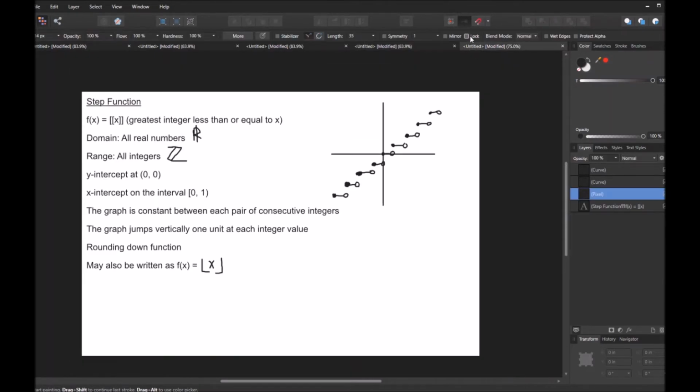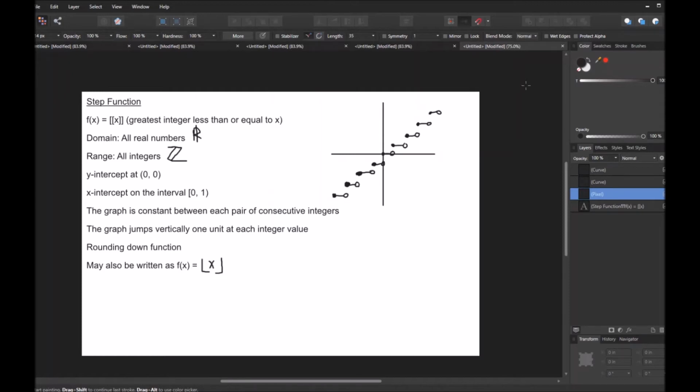So then the last function we're going to talk about is the step function. The step function can be represented by f of x equals this double bracket shape x, and what that means is the greatest integer less than or equal to x. So it's important to know what an integer is. An integer is like 1, 2, 3, negative 1, negative 2, negative 3.